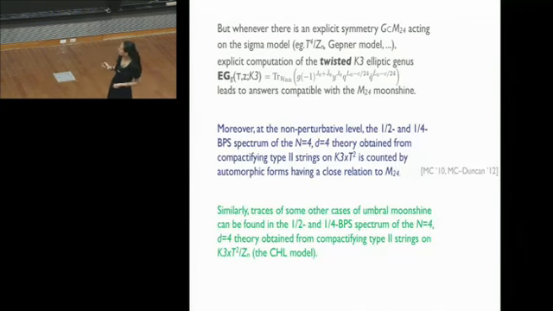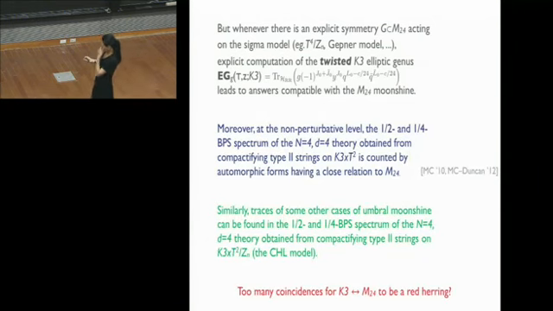Moreover, you can also look at non-perturbative effects, at the level of the full string theory compactification. For instance, in the setup with type II strings on K3 times T2, the half as well as the quarter BPS spectrum all show numerical hints of relations to M24. So maybe there are, after all, too many so-called coincidences for this connection to be a red herring.